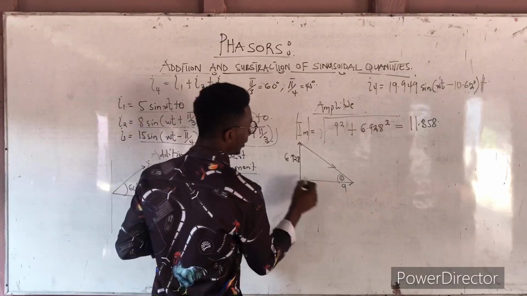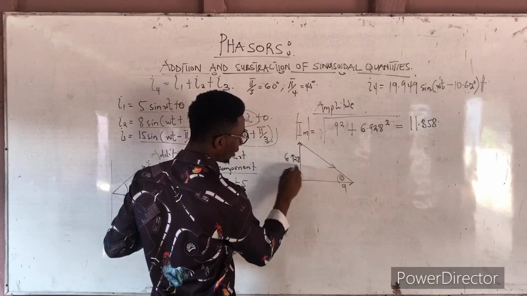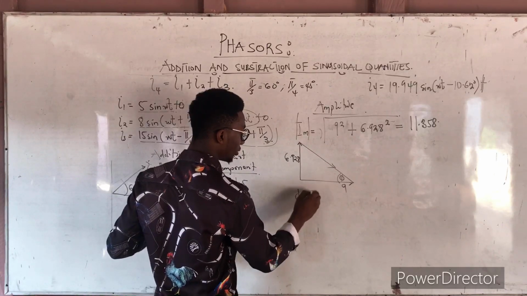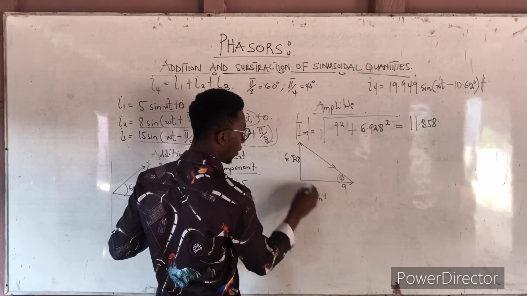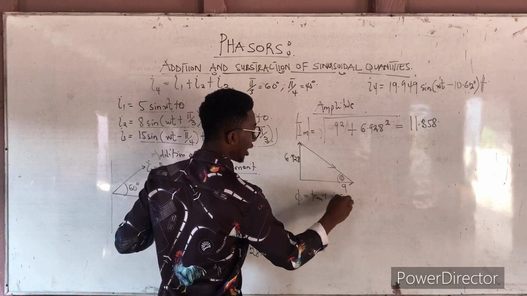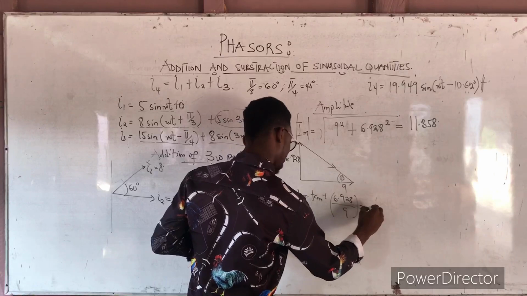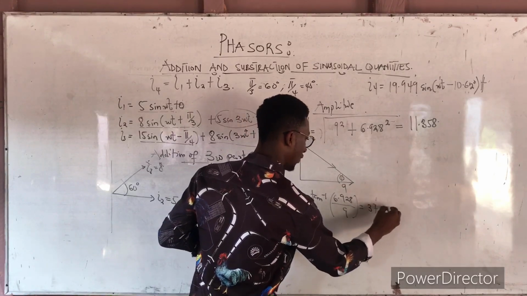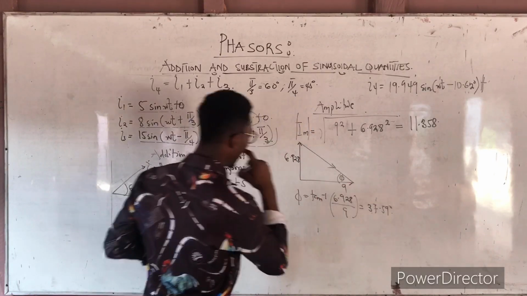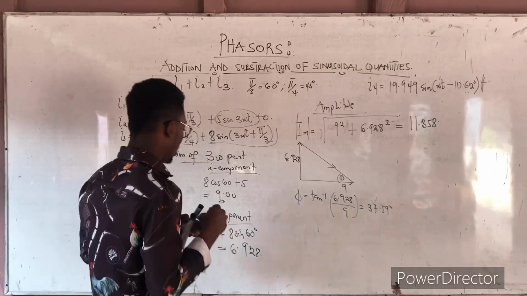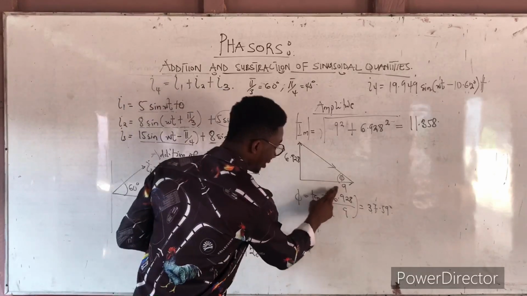This angle now becomes tan inverse of 6.928 all on 9. And when you do this, you are getting 37.59 degrees.